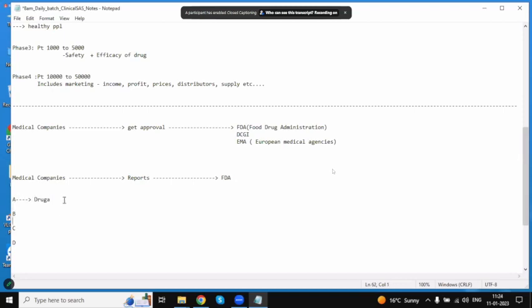Similarly, Company B also develops drug B, then drug C, and drug D. Every company develops a drug and completes the clinical trials. Once the clinical trials are completed, they generate the reports in their own company formats and send them to the FDA.